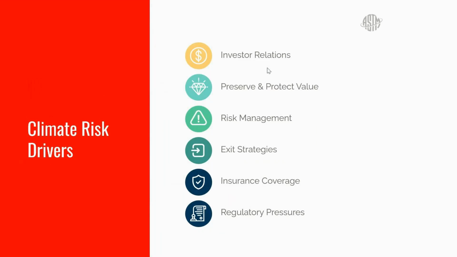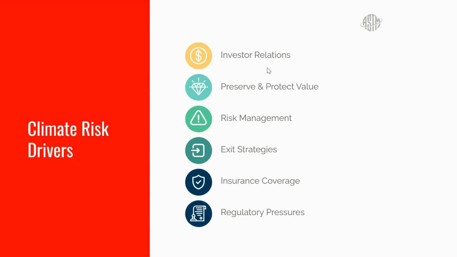So here's just a quick summary of the climate risk drivers, more or less along the lines of what we just talked about. Climate risk is a major driver in this property resilience guideline.